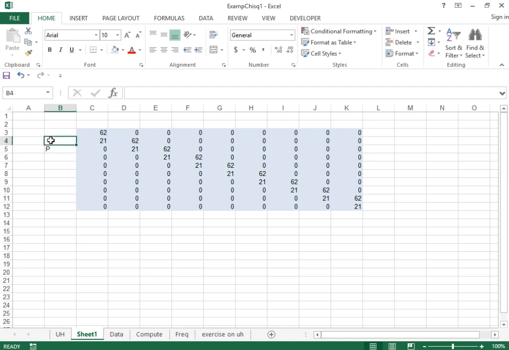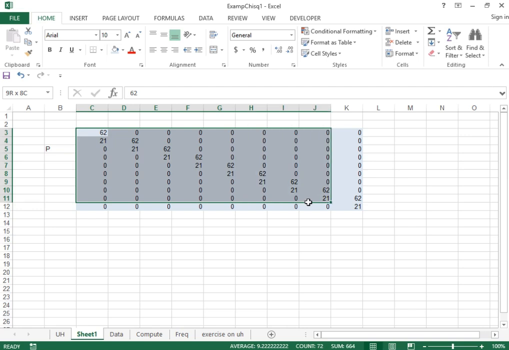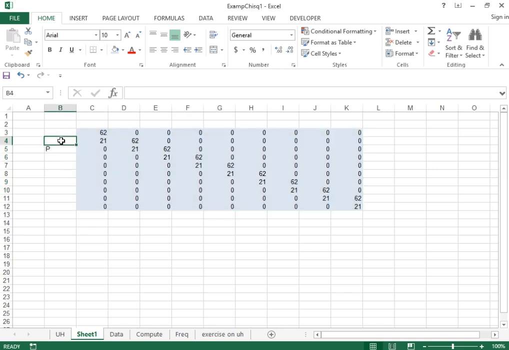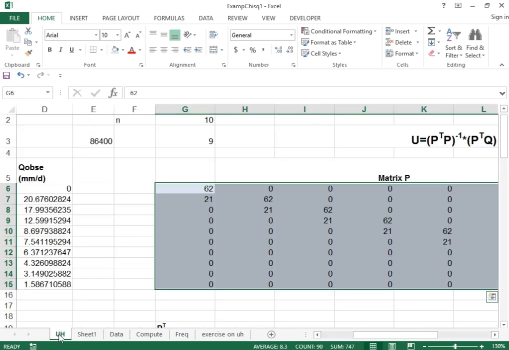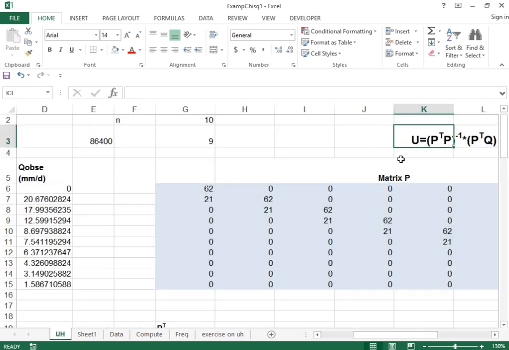So this matrix is actually a 10 by 9 matrix. After that you can have this general equation.